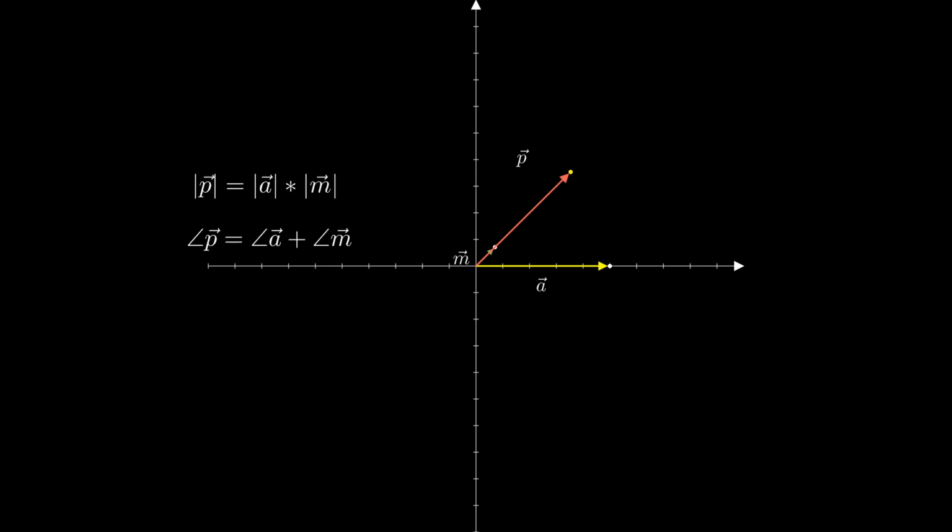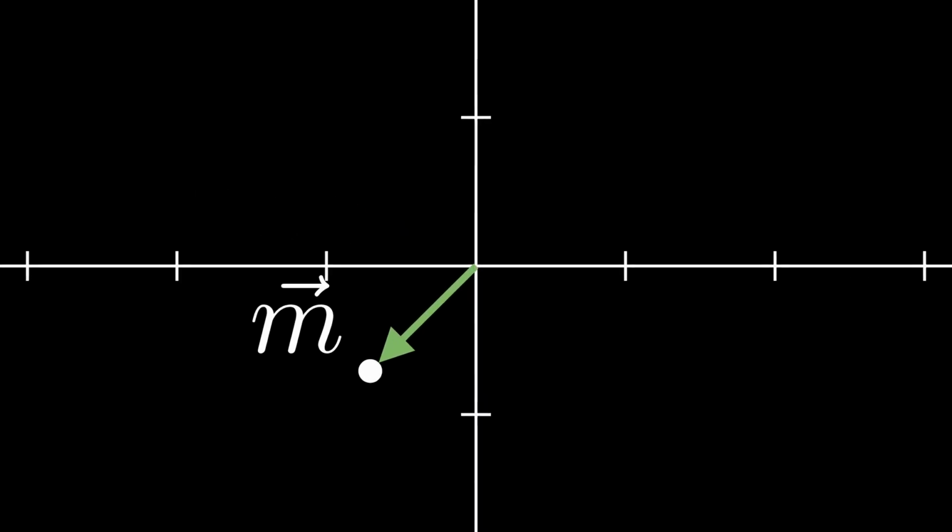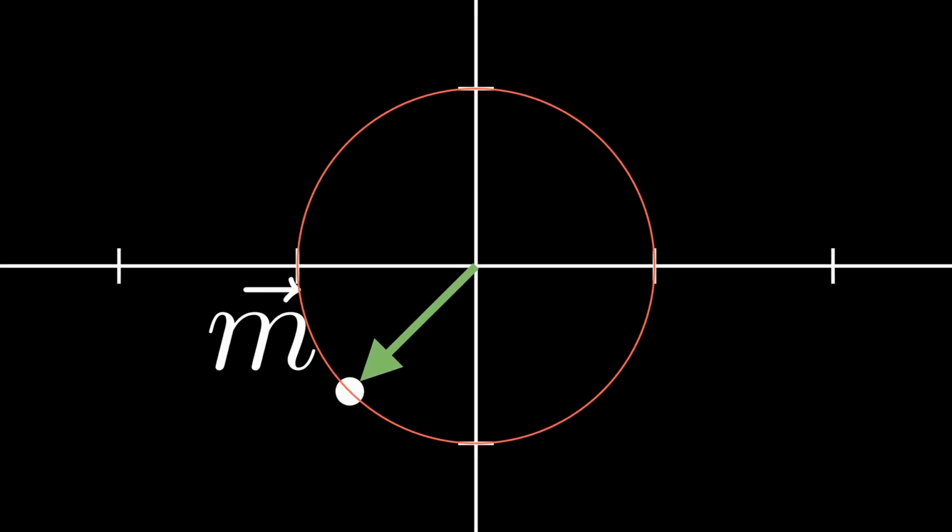What happens to p when I move a and m around? What's happening is that as long as m has a magnitude of 1, the multiplication by m corresponds to a rotation around the origin of the angle to m, which is exactly what we need.